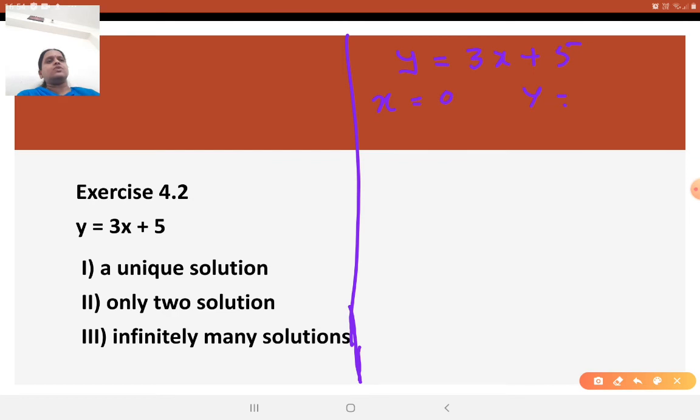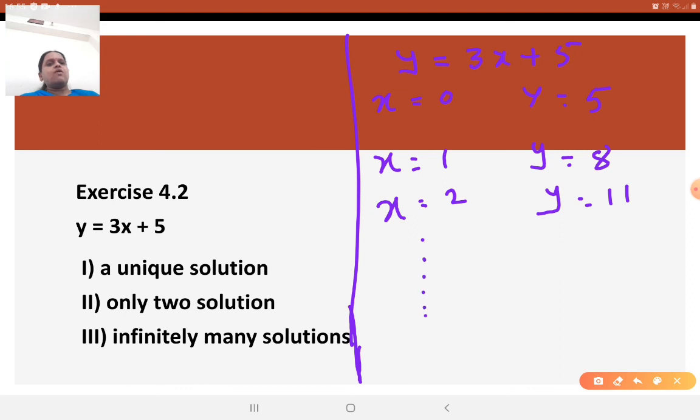It will become 0 into 3 is 0, and the y value will be 5. Now if I take the x value as 1, what will be your y value? 1 into 3 is 3, 3 plus 5 is 8. If I take x as 2, what will be your y value? 2 threes are 6, 6 plus 5 is 11.